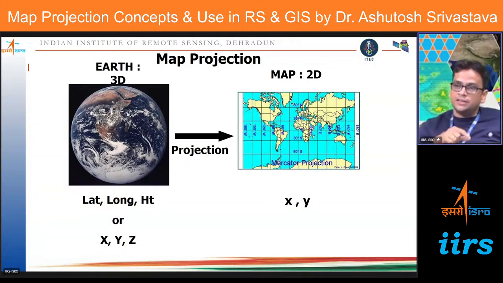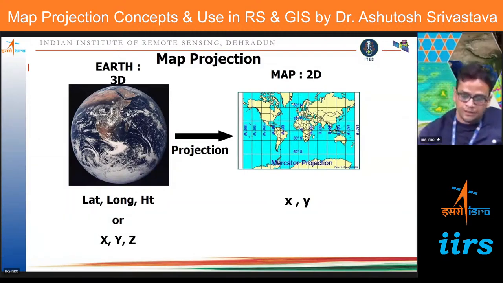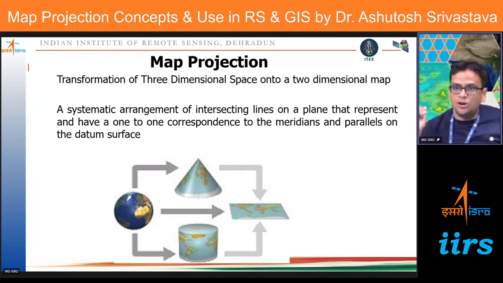So in three dimensions, there will be three things: latitude, longitude, and altitude. But in two dimensions, we will have only the X and Y information. So the transformation of three-dimensional space onto a two-dimensional map is called the map projection.